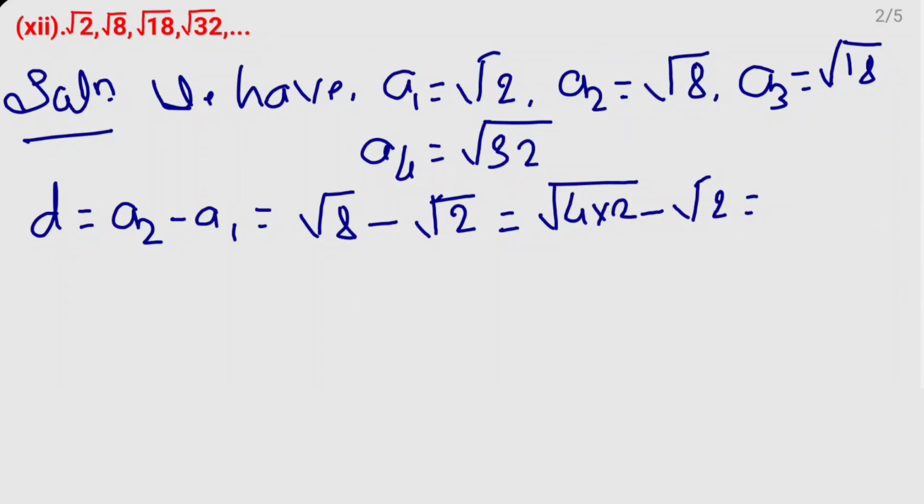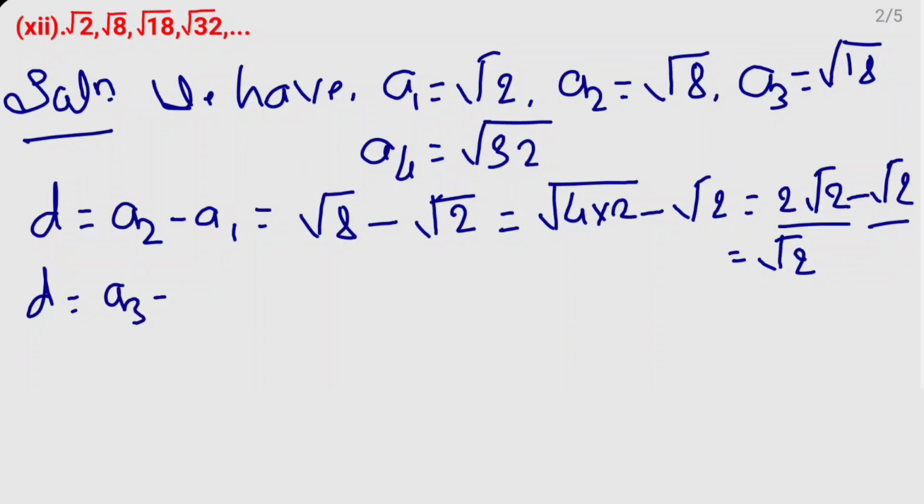Here 4 comes outside as 2, so root 8 is 2 root 2, right, and minus root 2. So 2 root 2 minus root 2 is root 2. Is it clear?